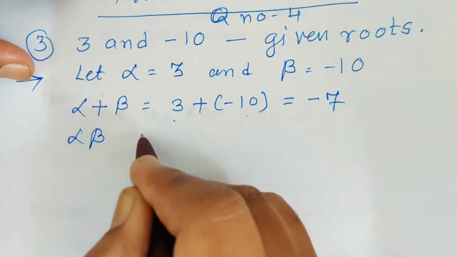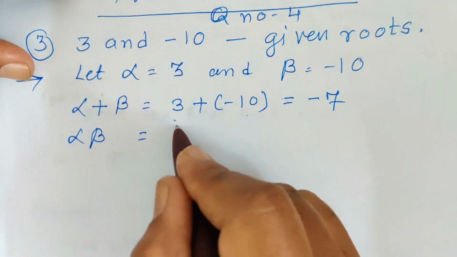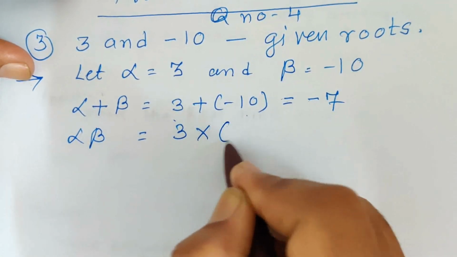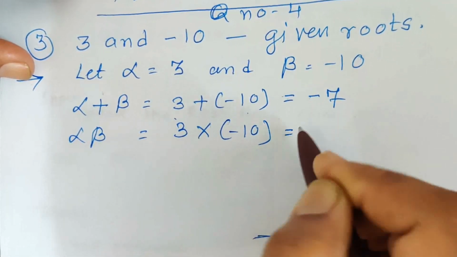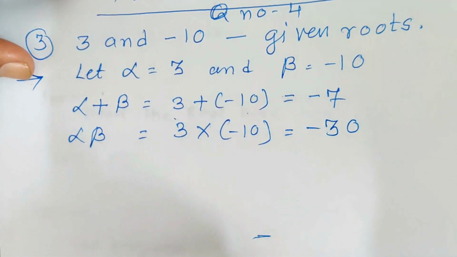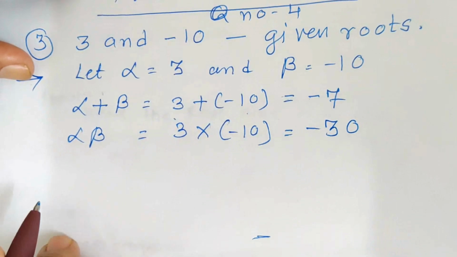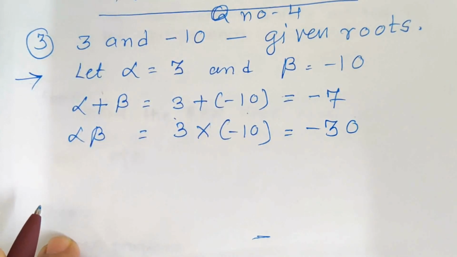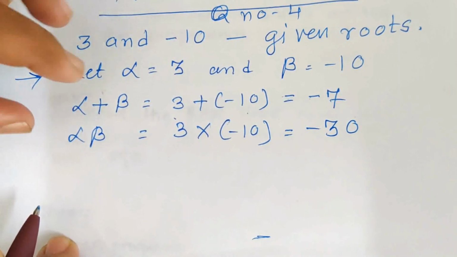Then we will also take the product. Alpha into beta is equal to 3 multiplied by minus 10, and the product which we get is minus 30. After that, we have to form the quadratic equation.